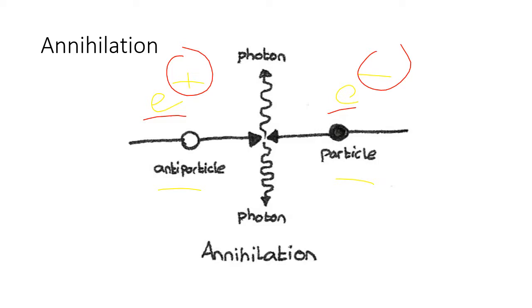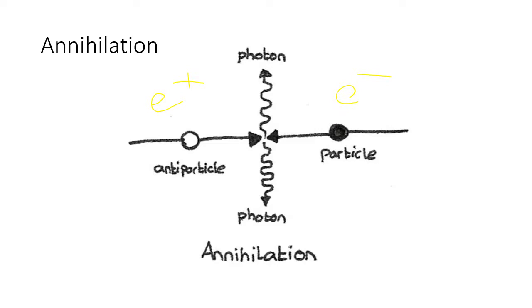And the other thing that I perhaps ought to mention that's a quirk is that this scheme here, a positron meeting an electron and producing two photons, is the simplest annihilation that can happen.